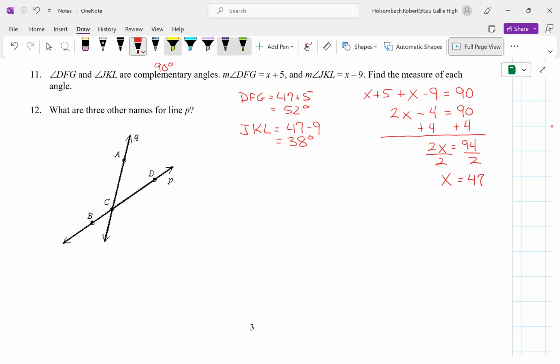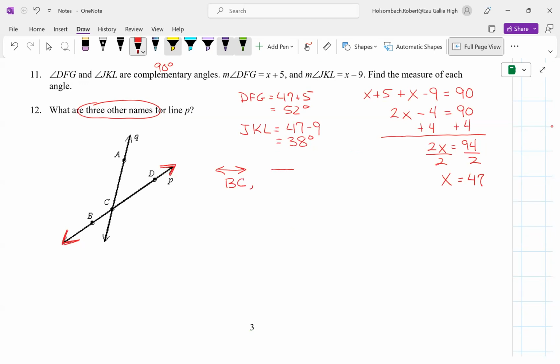All right, number 12 is asking for 3 other names for line P. Here's line P. Remember we can name a line with a lowercase script letter, which is what they used. They used the lowercase script letter to identify the line. So we can use 2 points on the line: line BC.